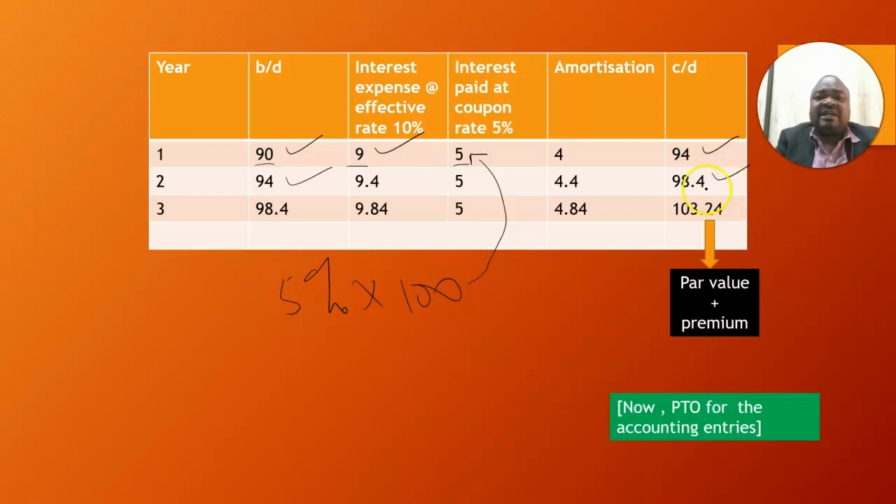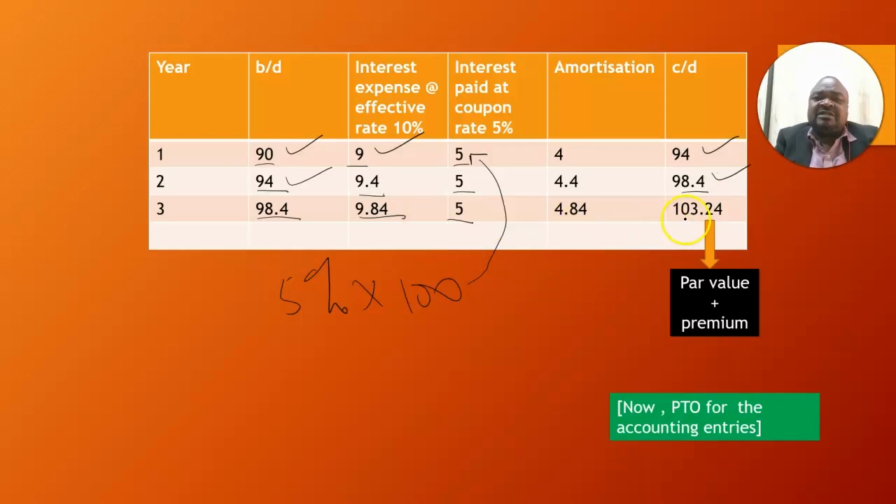And 98.4, like I said, that's 94 plus 9.4 minus 5, we get the 98.4. We do the same until we reach this point. We are saying 98.4 multiplied by 10%, and we get 9.84, right? Minus the 5%, the interest paid, we get 4.